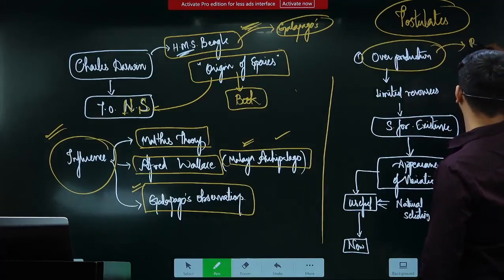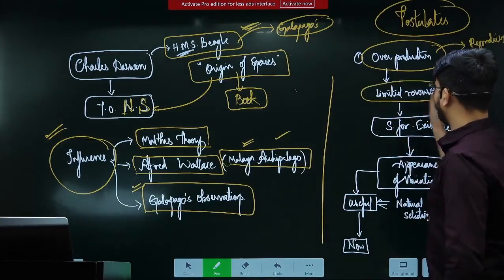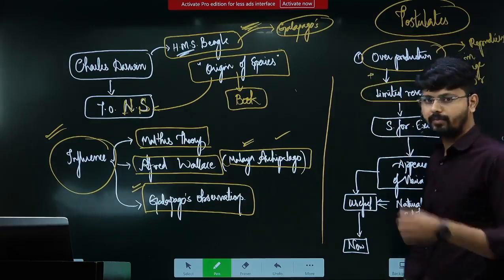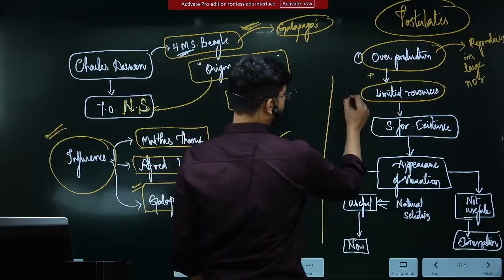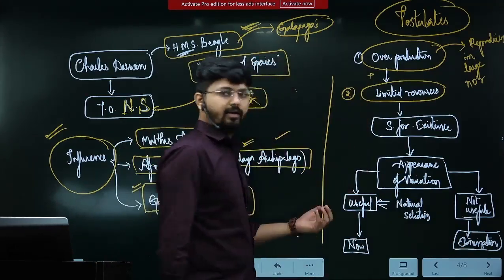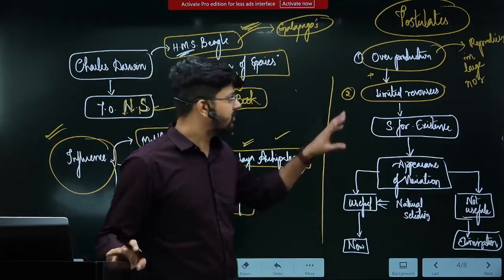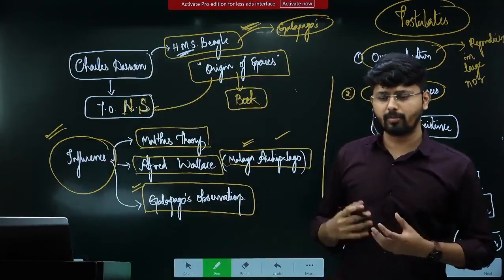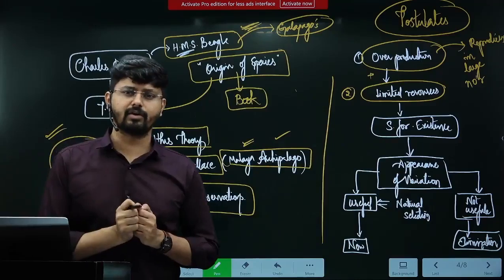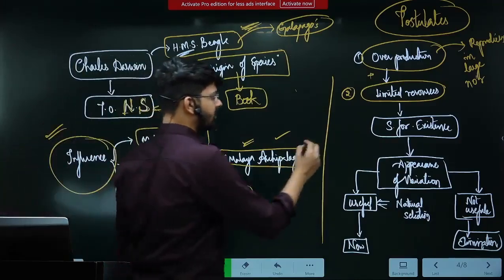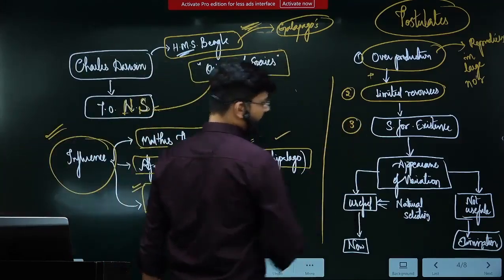Reproducing in large numbers, and at the same time you have limited resources. This we are all aware of. When you have limited resources and more people, different groups will fight for it. That is known as struggle for existence.